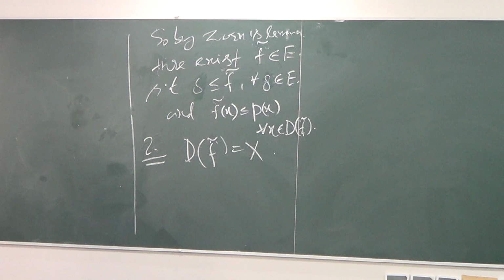Did you realize here that Zorn's lemma is a result in which you are not constructing a maximal element? It just says that it exists. We are making sure that it exists, but we are not constructing it.